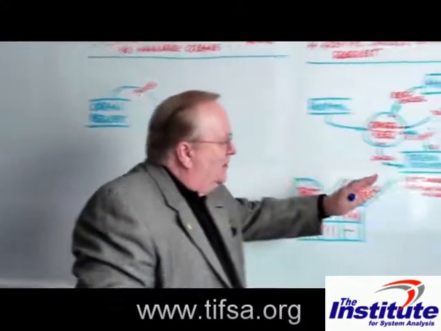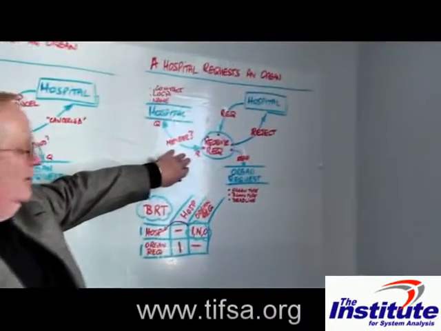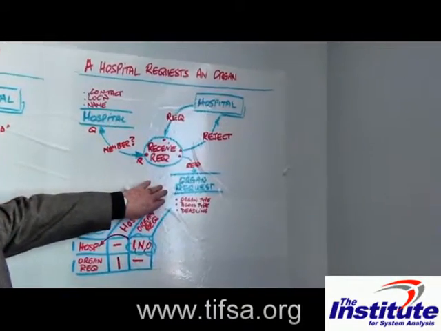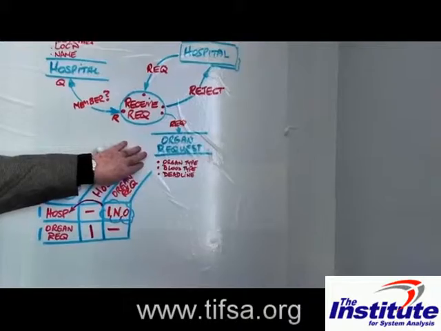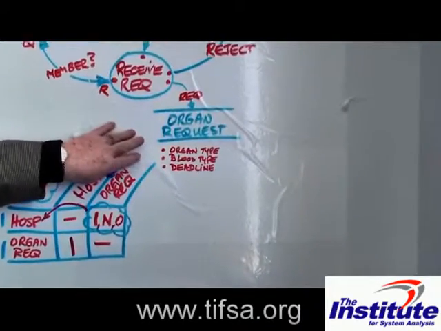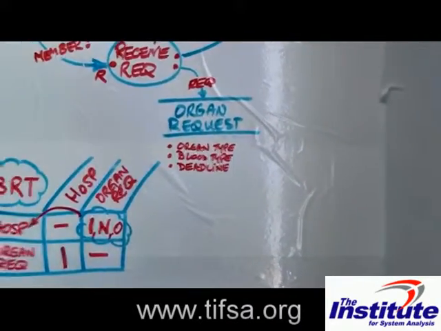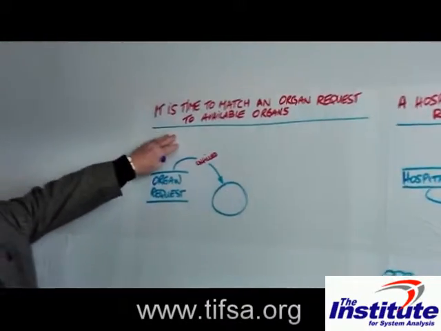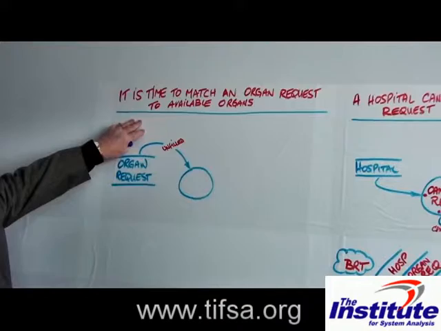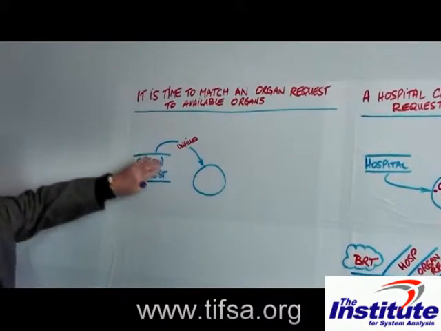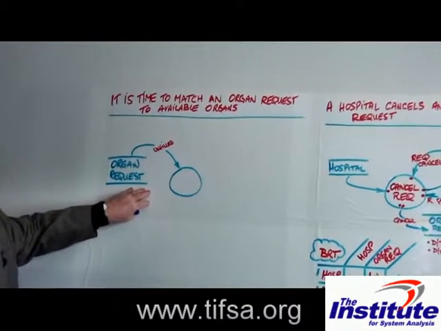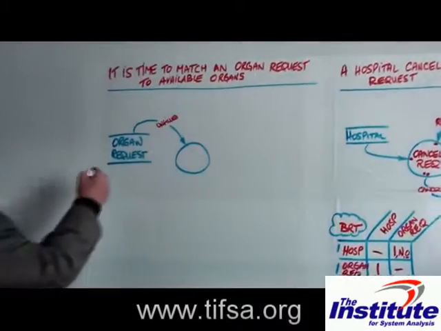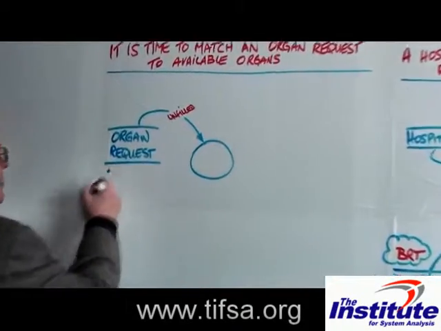So if we look at this process here, and we look at some of the data that we needed initially, we said, well, organ type, blood type, deadline, a few things like that. Now, as we go to this process, and we're dealing with the event that it's time to match a request to the available organs, how do I know it's unfilled? Well, here's where data attribution comes into it again.